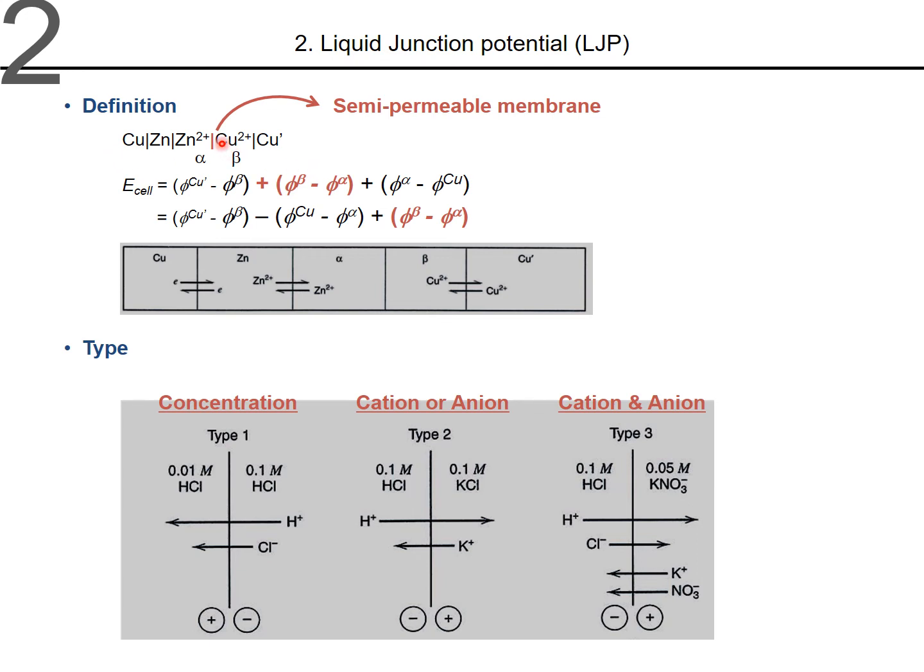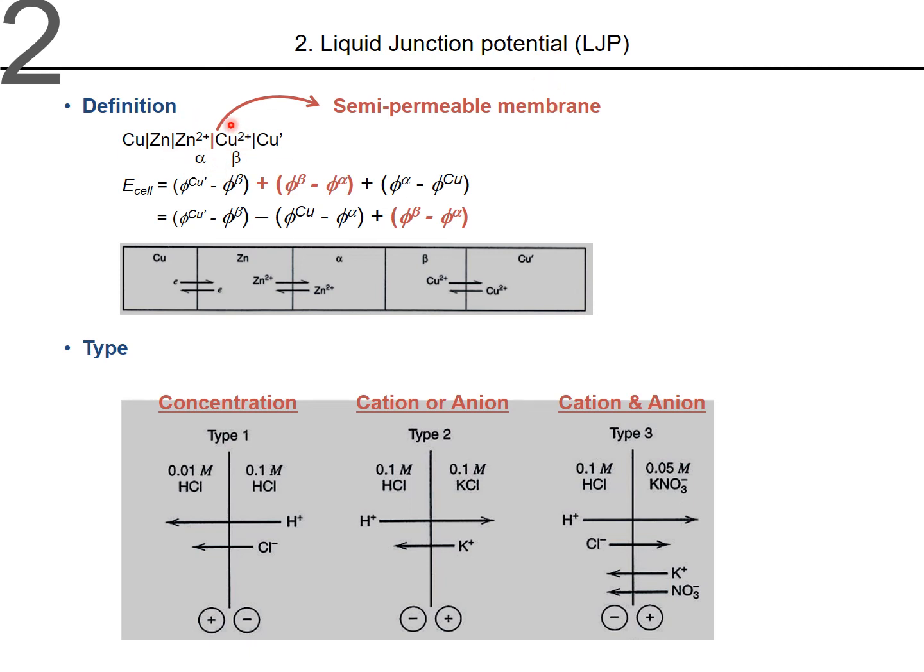Let me say the zinc 2 plus containing electrolyte is alpha phase, and the copper 2 plus containing electrolyte is beta phase. Between alpha phase and beta phase we have a semi-permeable membrane. So we could divide the electrolyte into two parts, again, alpha phase and beta phase.